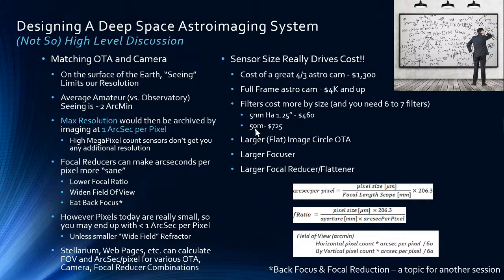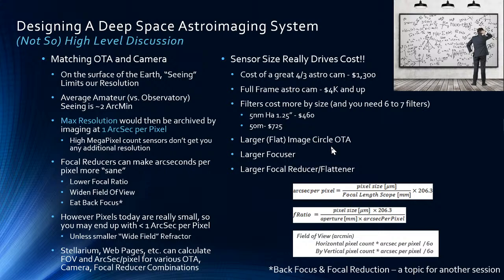This was supposed to say 5 nanometer. Oh, I see, 50 millimeters, this should say. Yeah, got it. 5 nanometers, 1.25 inch filter. This is 5 nanometers, 50 millimeters for that full frame sensor. You jump from $460 to $725, but wait, you need 6 or 7 filters to cover the RGB and the narrowband and everything. So that can really multiply the cost of your rig.